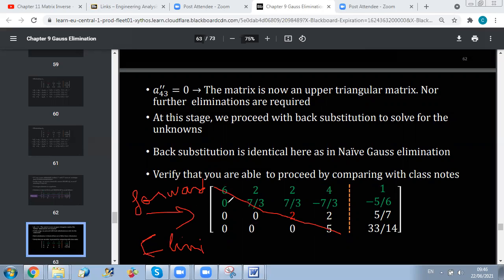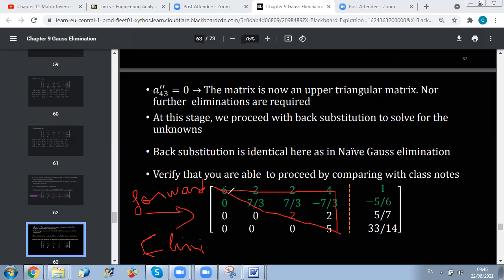So we obtained what is called the upper triangular matrix, because as you can see the elements are in the form of a triangle. All elements below the diagonal are equal to 0. Okay, so non-zero elements form an upper triangle. This is why we call it upper triangular matrix.